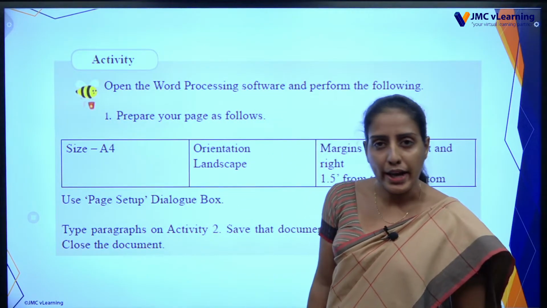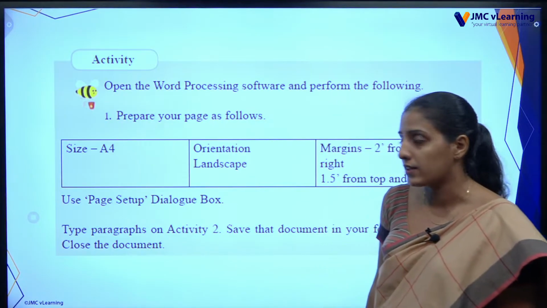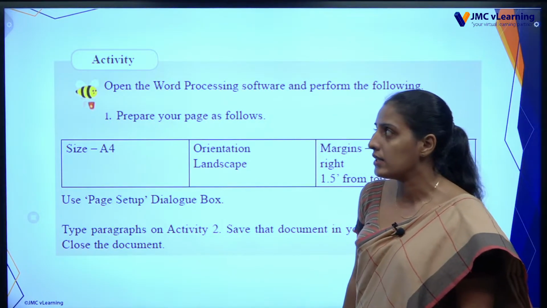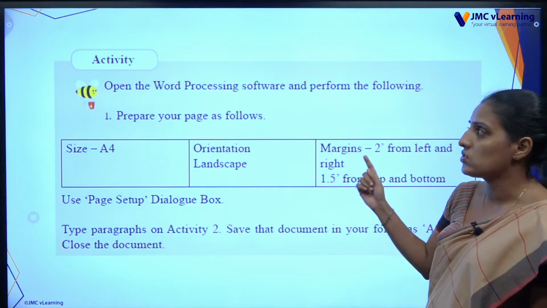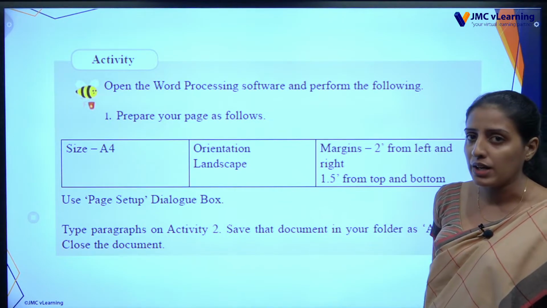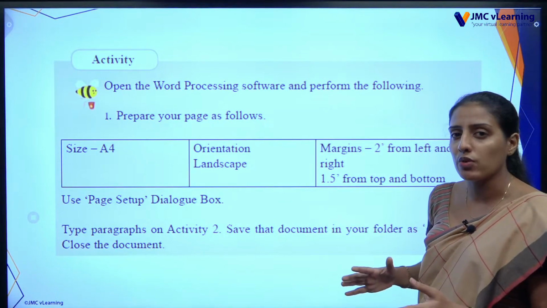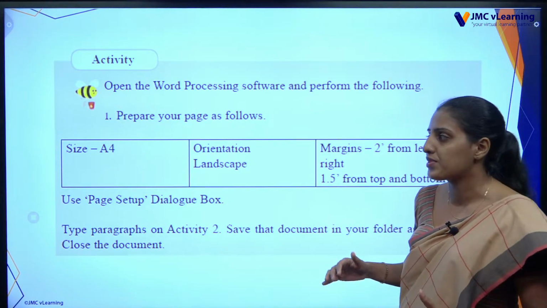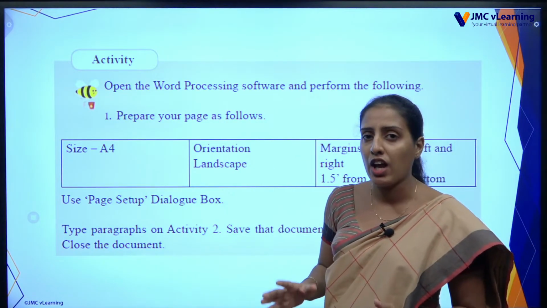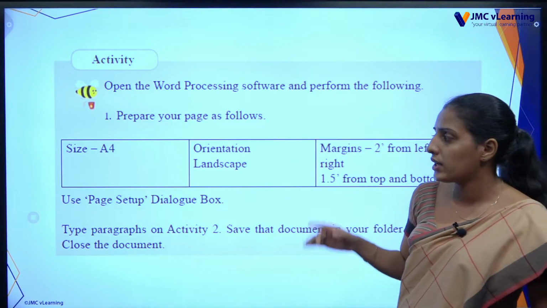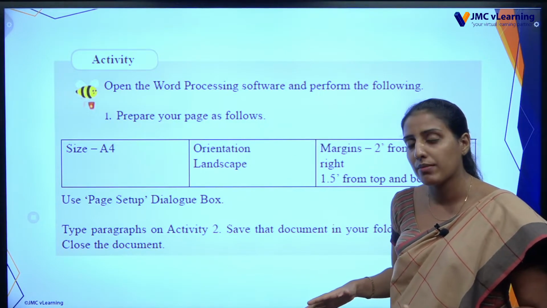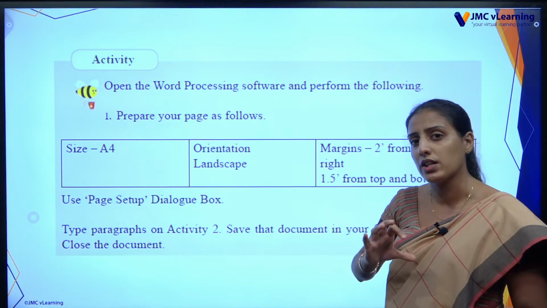Now, let us do an activity. It is in your textbook. The activity is saying open the word processing software and perform the following. Now, you have to prepare the document according to these steps. The size should be A4 and the orientation should be landscape. That means, is it vertical or horizontal?